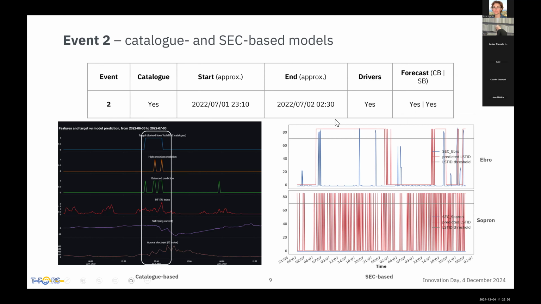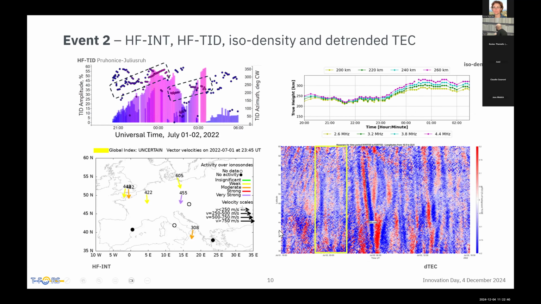So as I said, the models are not perfect. Again, the validation. Here you can see that looking at the HF-TID methods, we can get something around midnight with a, let's say, short period. It's a large-scale TID, but it's shorter than the one I have shown before.